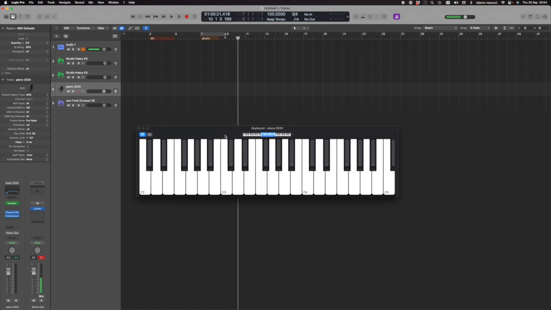So you see C, D, E, F, G, A, B, and C are the white keys, natural notes, and then these black keys are in between these notes. So that would be C sharp, or also D flat. So C pushed up, C sharp, or D pushed down, flat.